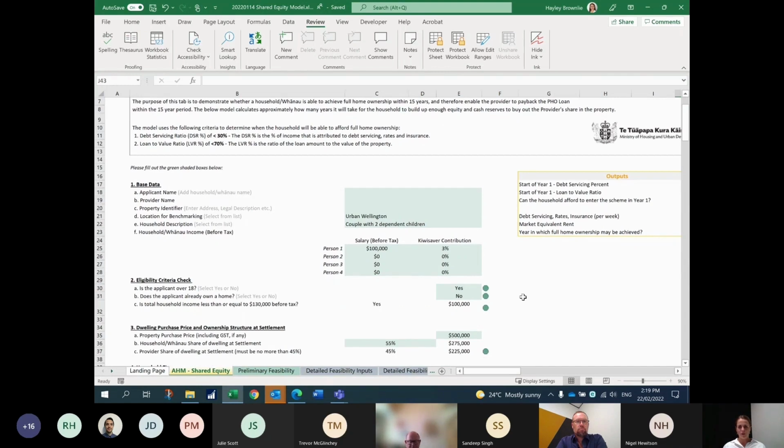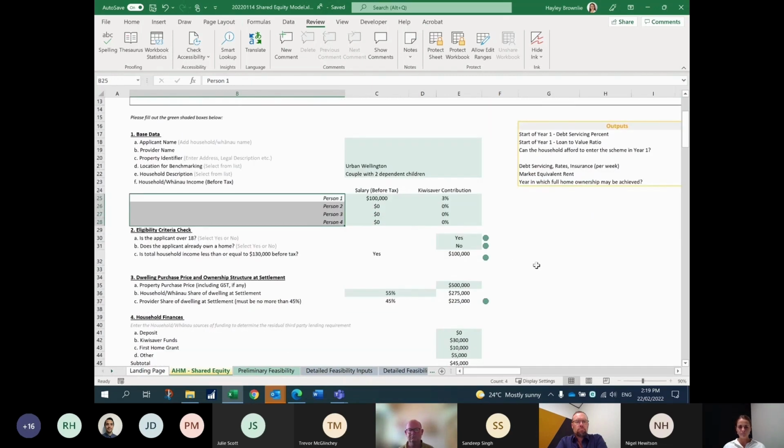So in terms of working through this page, the green cells are the input cells, and you essentially work through the base data here in terms of the applicant's name, the provider's name, location, household description, which I'll come back to, and also an estimate of the household's income before tax, and this is broken down to however many people are contributing to that household income.